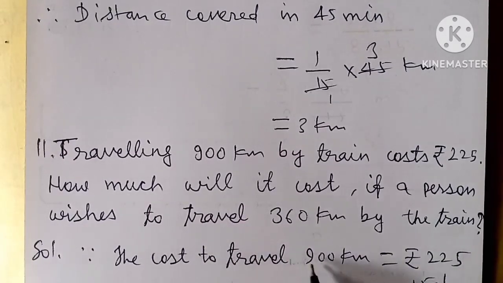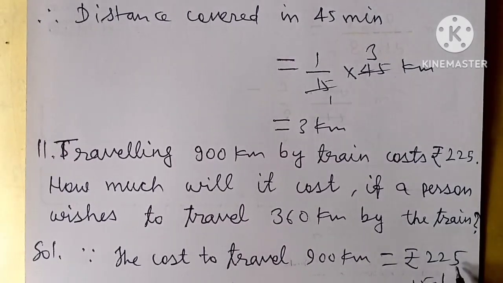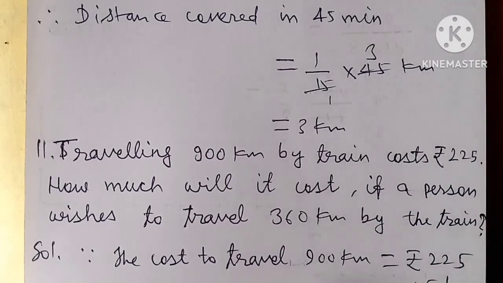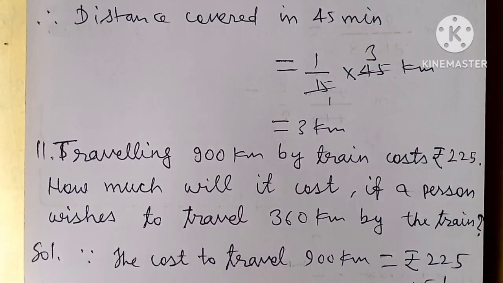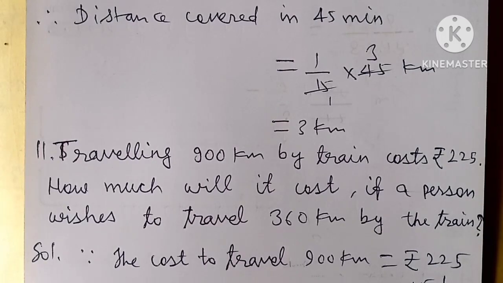since the cost to travel 900 km is equal to rupees 225, therefore the cost to travel 1 kilometer is equal to 225 by 900.